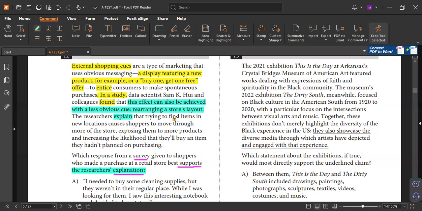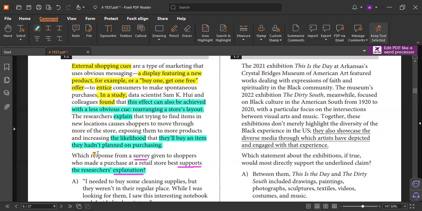Moving items to new locations causes shoppers to move through more of the store, exposing them to more products and increasing the likelihood that they will buy an item they hadn't planned on purchasing.